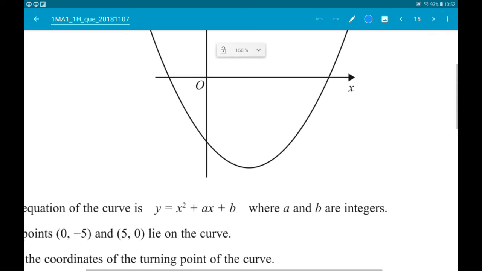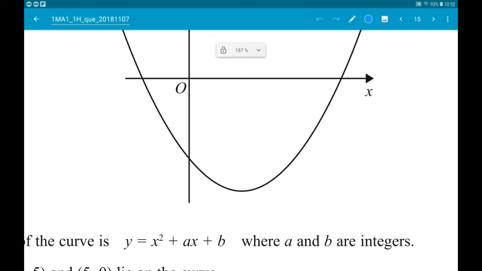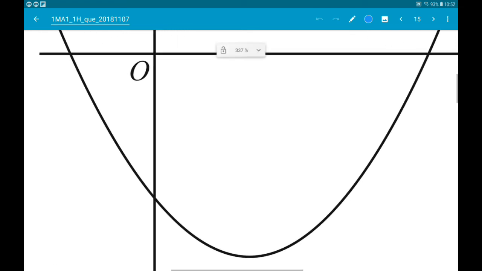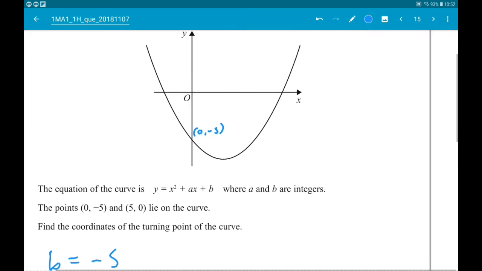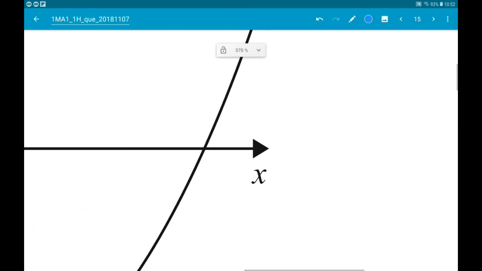So 0, minus 5 happens when x is 0. So that is this point here. Now that actually tells us b is -5. And then the other point, 5, 0, it's going to be this guy over here.